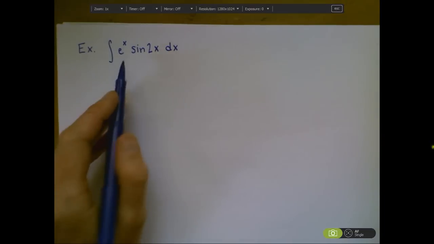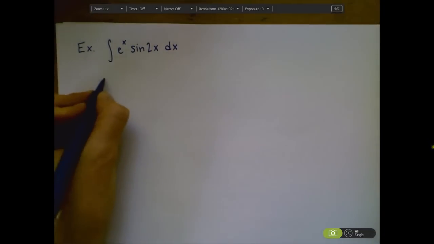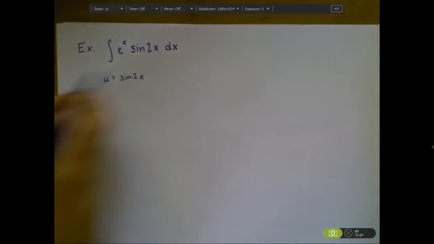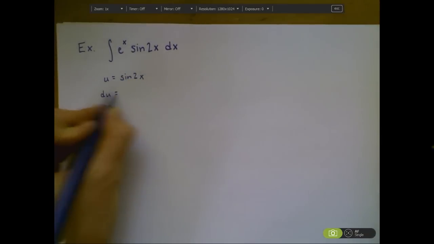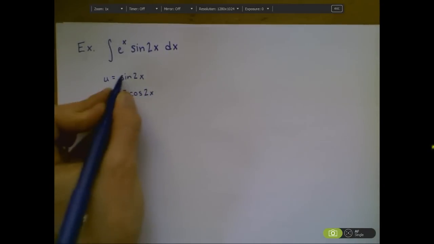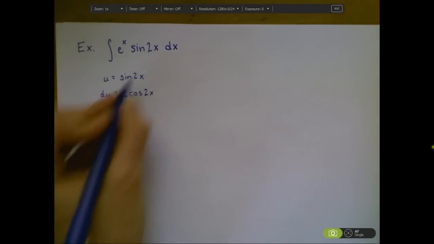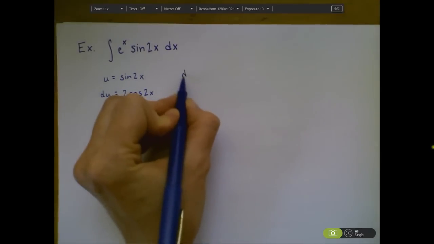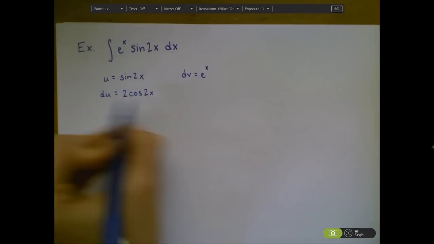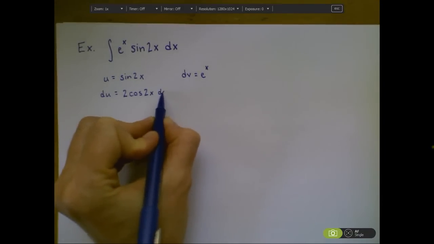So I would just try thinking about my u part being equal to sine of 2x, because then du is just going to be 2 cosine 2x using chain rule. The derivative of sine is cosine and the derivative of 2x is 2. My dv is equal to e to the x dx.